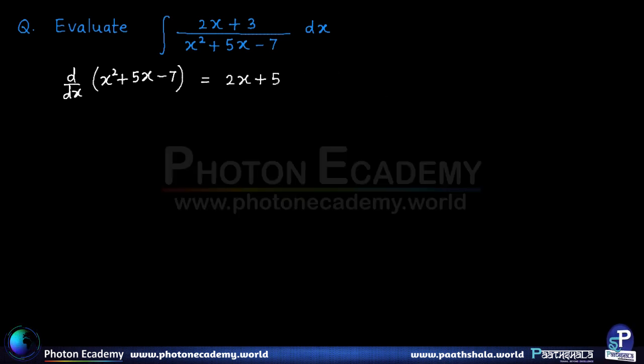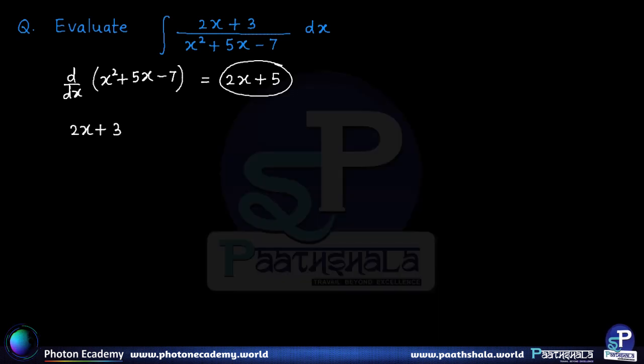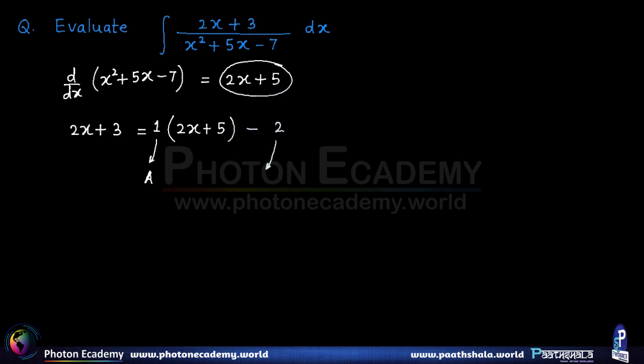Now if we compare this with the numerator, we have 2x plus 3 in the numerator, whereas the derivative of denominator is 2x plus 5. So therefore the numerator 2x plus 3 we can definitely write as 2x plus 5 minus 2. So here our a is actually equal to 1, we don't need to write anything other than 1, and b is nothing but minus 2, correct?